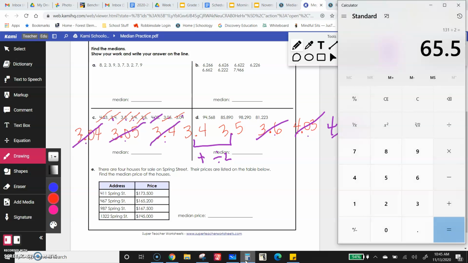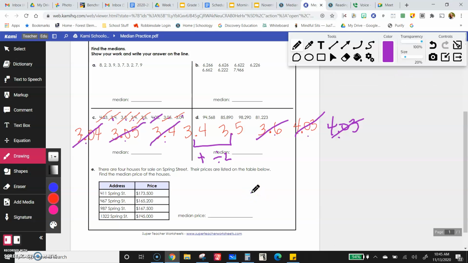When I said that, that rule only applies to whole numbers. 3.4 plus 3.5 equals, divided by 2, 3.45, which is right in between 3.4 and 3.5, because you can think of this as 3.40 and 3.50, so 3.45 is right in the middle. So that's how we would do the decimal one.